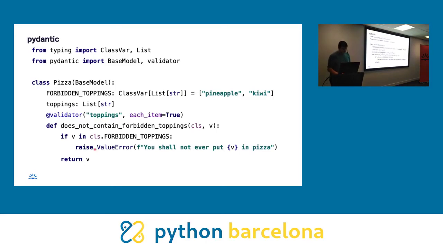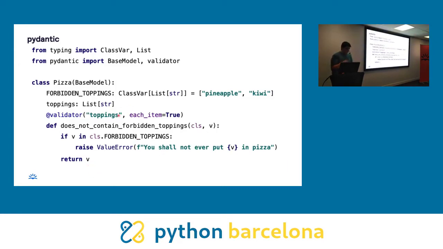And in this example, we say that the requirement is that it doesn't contain forbidden toppings. As the validator runs before the object creation, we pass the class and the value that we are going to validate. In this case, we check if the value that we are going to validate is inside the forbidden toppings, and we raise a value error. If not, we return the value.